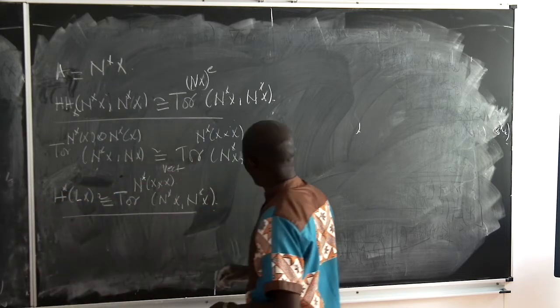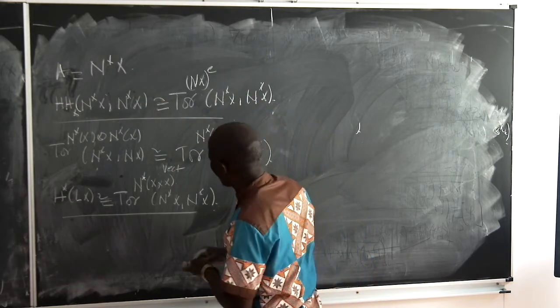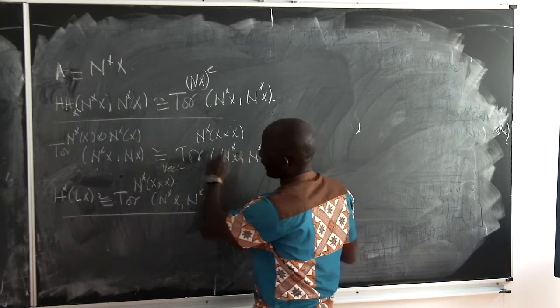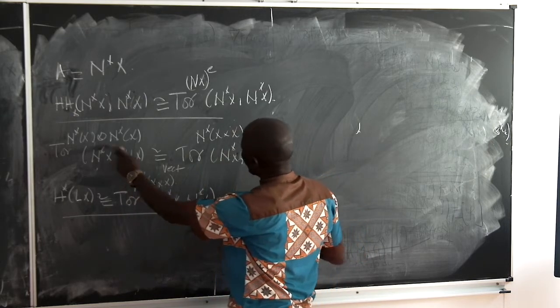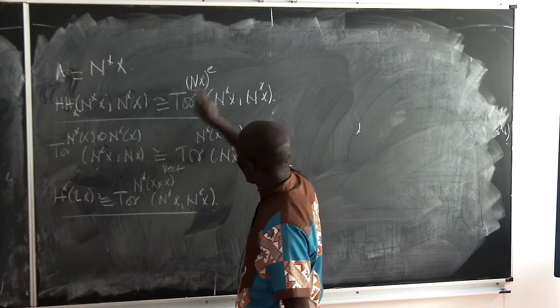so at the end we have the relation between this and that, we have relation between this and that, we have relation between this and that. So it is necessary for us to have relation between this and that.